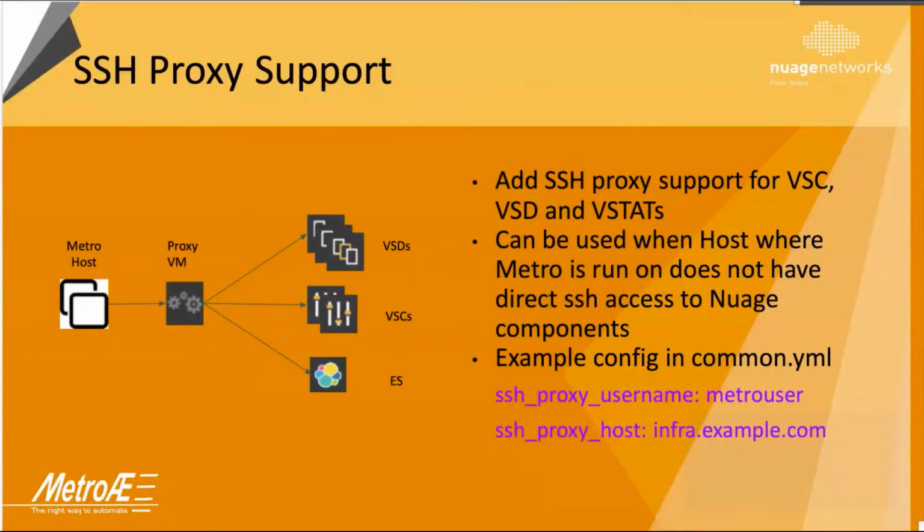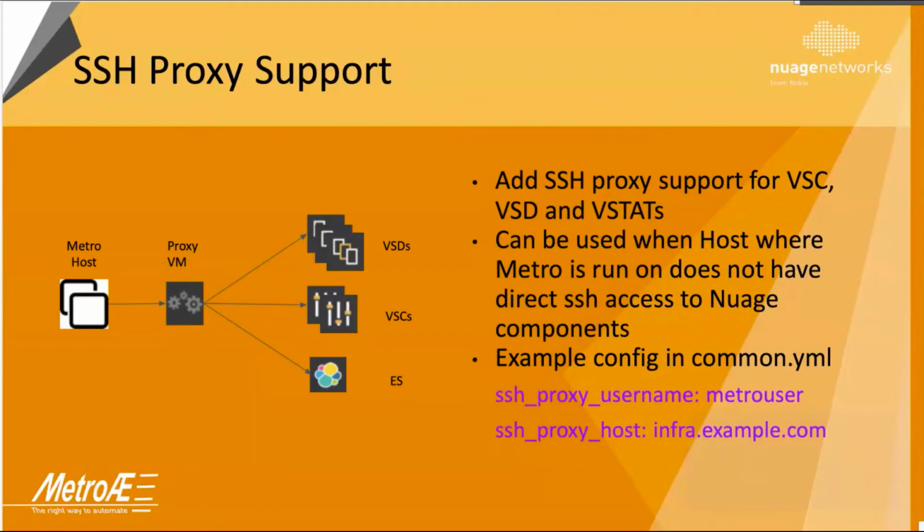One of the things we've seen is customers who said, hey, I'm trying to run MetroAE on a host that isn't in the data center. It doesn't have direct access to the VSDs and the VSCs. We want to do an upgrade, and what we'd like to do is use an SSH proxy to sit in the middle.